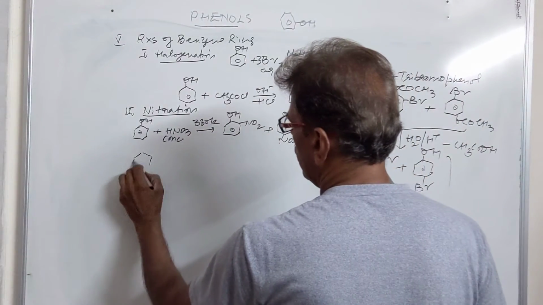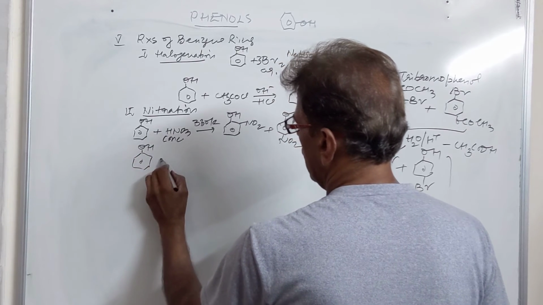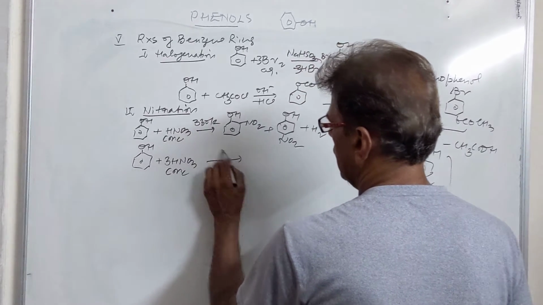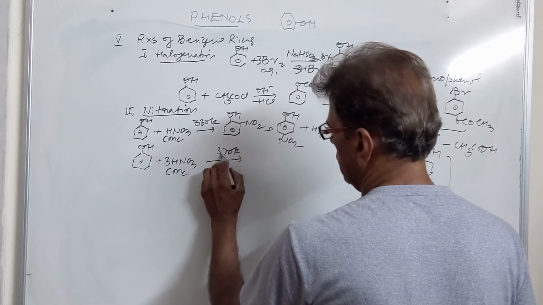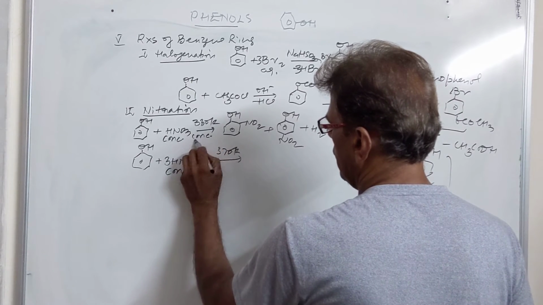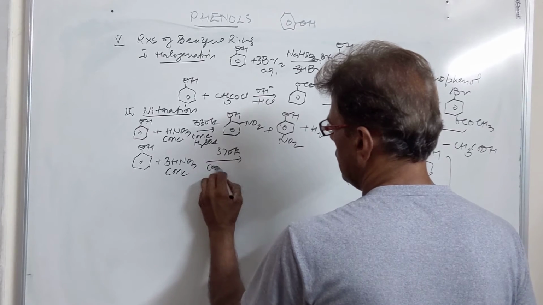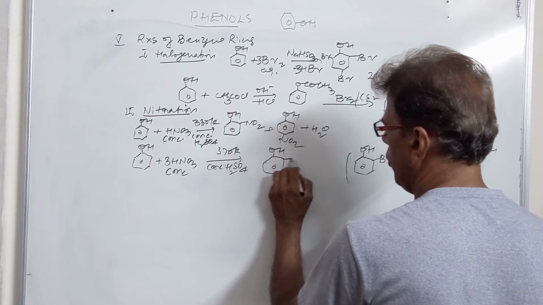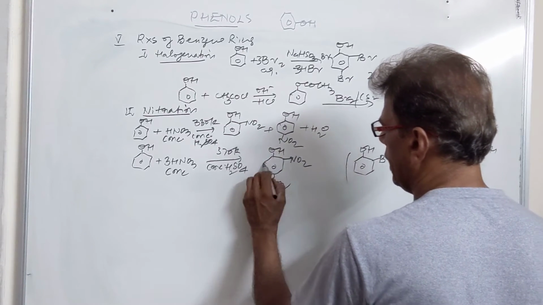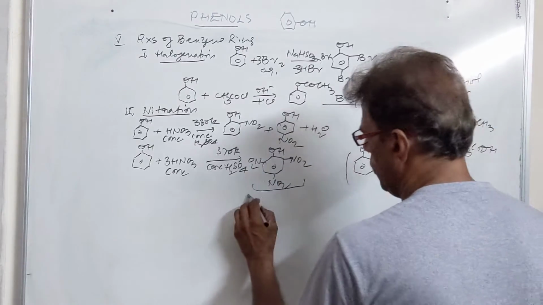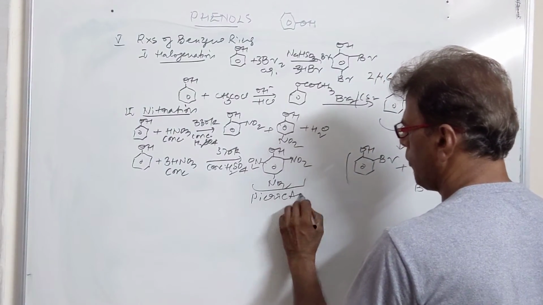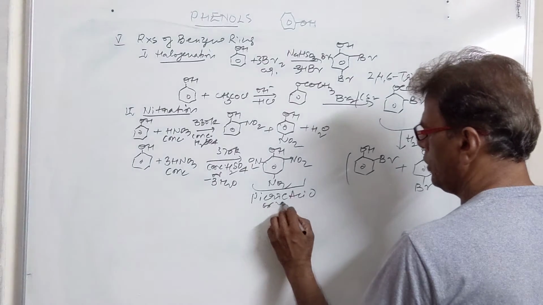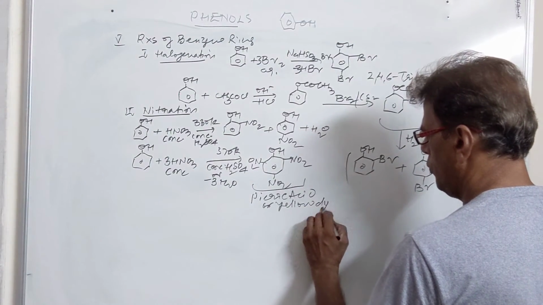If the reaction is brought to a still higher temperature, 373 Kelvin, with 3 HNO3 concentrated and concentrated H2SO4 as catalyst, we get 2,4,6-trinitrophenol. This is also called picric acid. It is a yellow dye and is explosive. It is used as a yellow dye for fabrics.